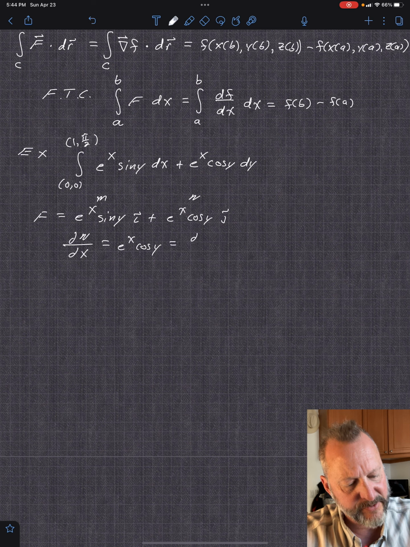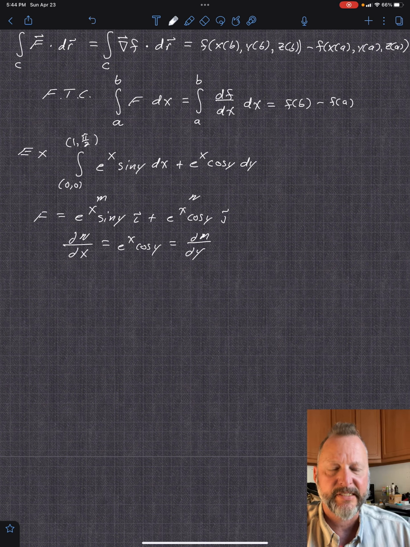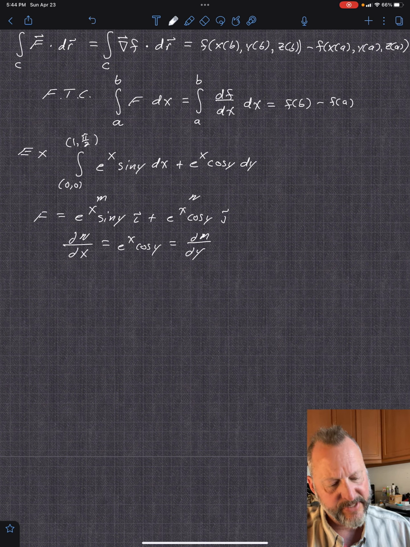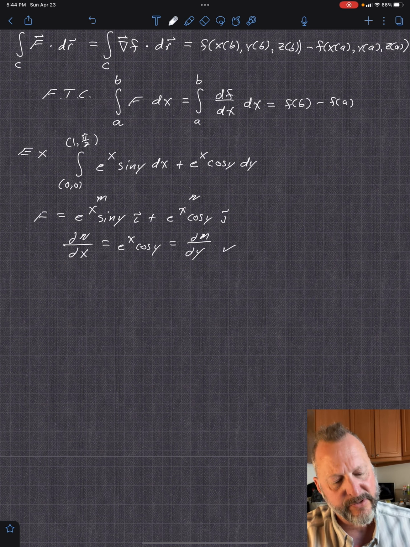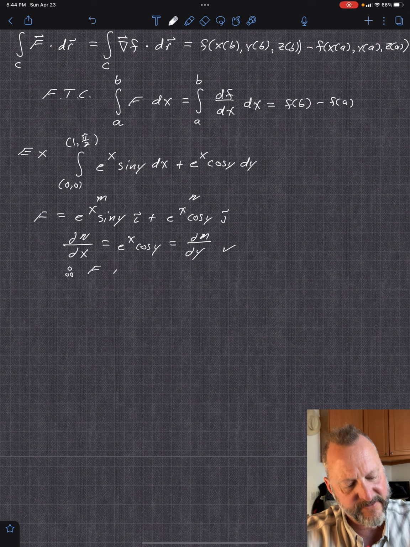And then is that equal to the partial M with respect to y? Well, the partial of sine is cosine. So you'd get e to the x cosine y. So that's true. So therefore, F is conservative.